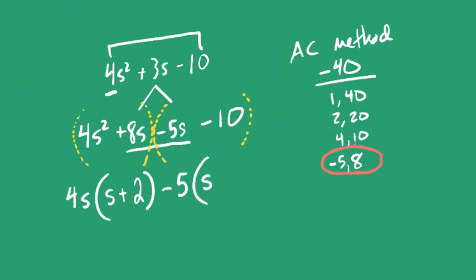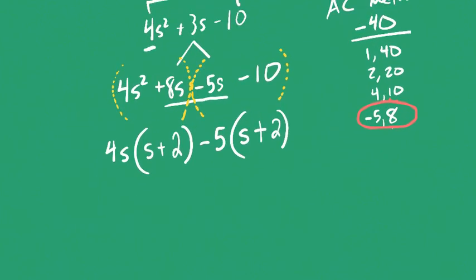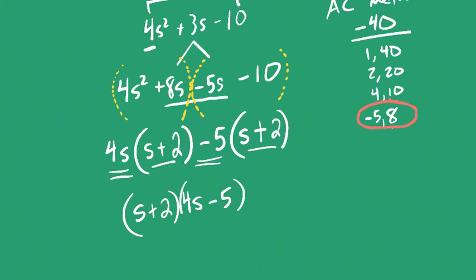And then that leaves s plus 2. And then, just as long as you've got this common binomial, s plus 2, you can take that out of both, and then you're left with 4s minus 5 in your second parenthesis.